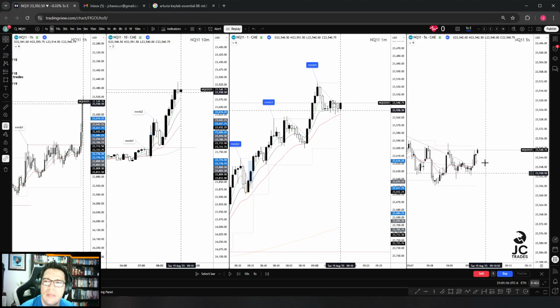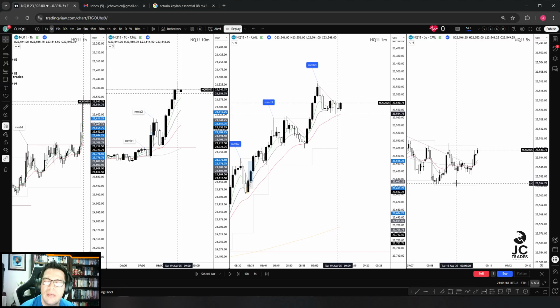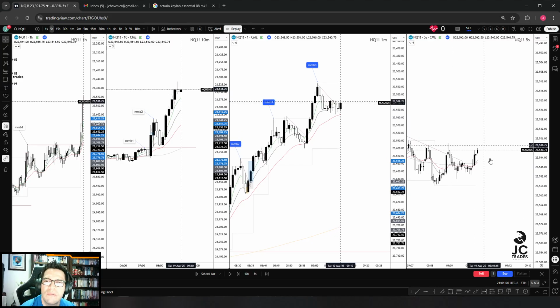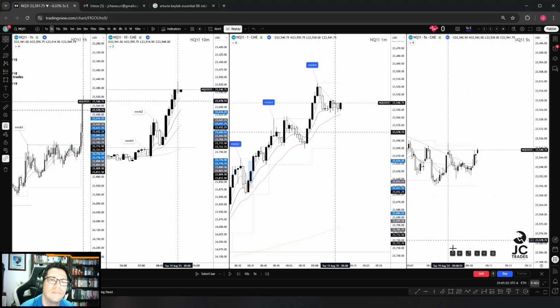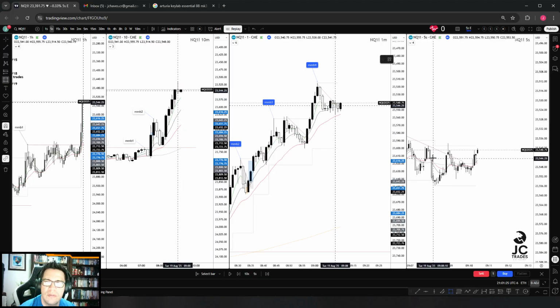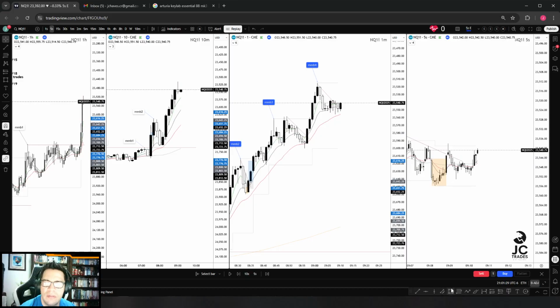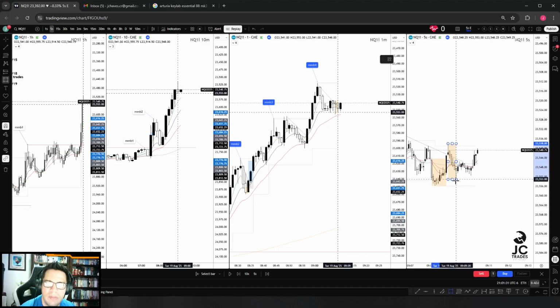So price stays here for a while inside MMB2, which is right here. So let's just draw this. This would have been MMB1. This would have been MMB2.